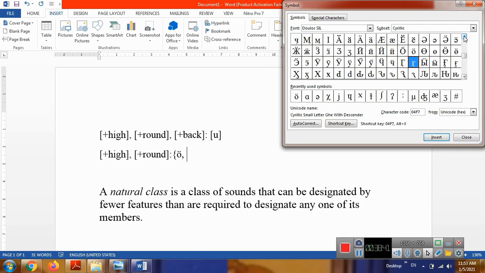According to the IPA, we don't have such a symbol.